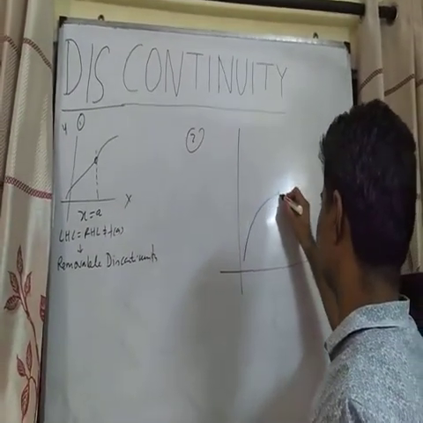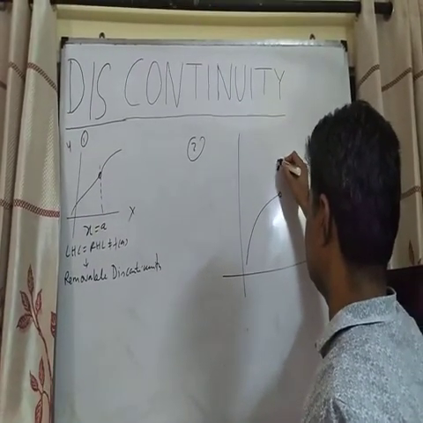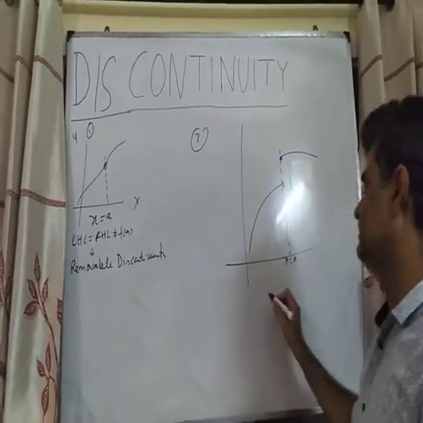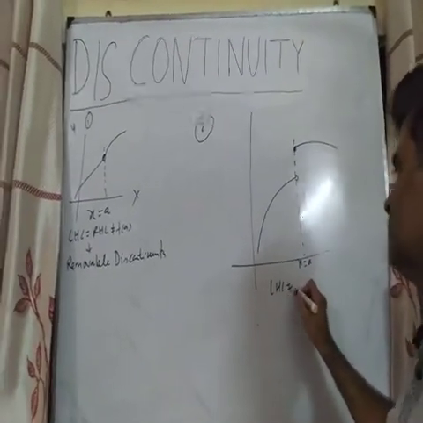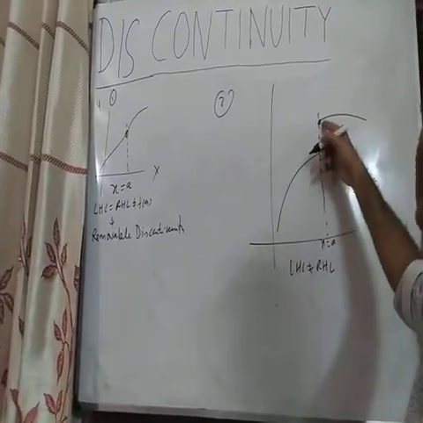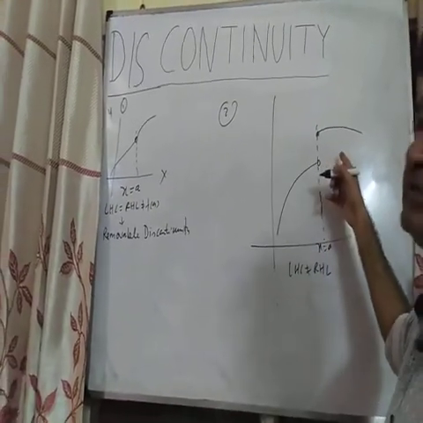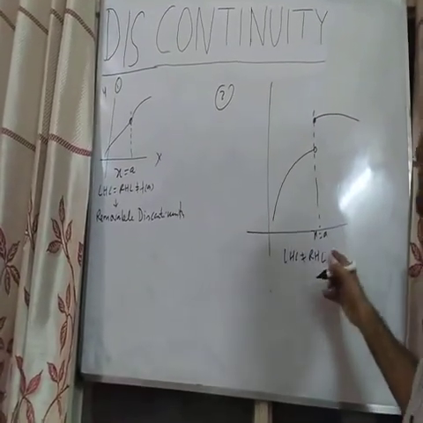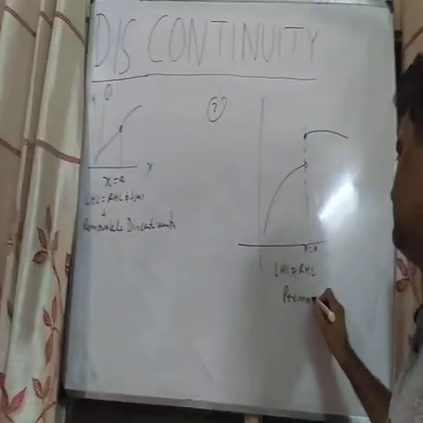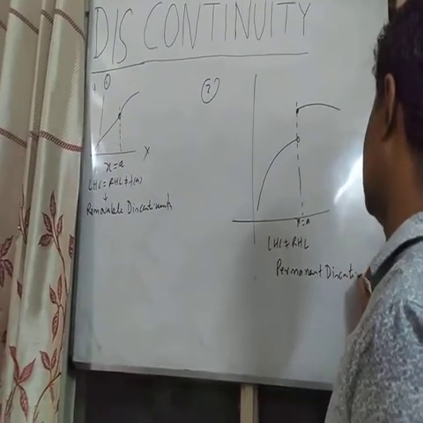Here this is the function, at x is equal to a. We can see that the left hand limit is not equal to the right hand limit, even though x is equal to a is here. So the function is discontinuous at x is equal to a, and this is called permanent discontinuity.